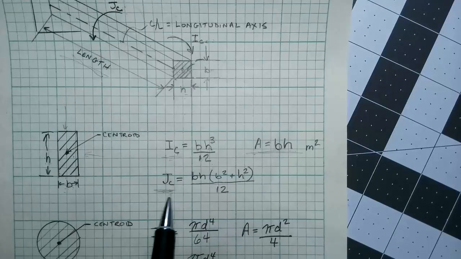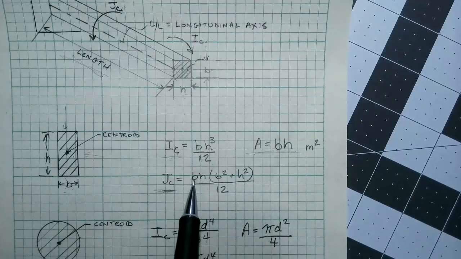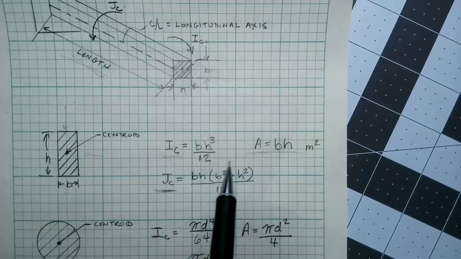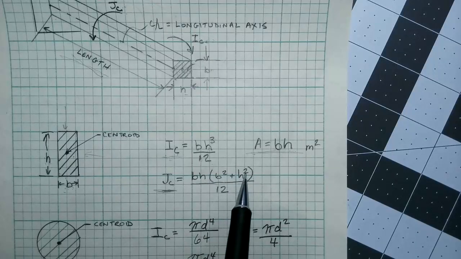The polar moment of inertia, J sub C, is again based on the base and the height, but it's a little bit more involved. It's the base of the object times the height of the object times this quantity, which is base squared plus height squared.